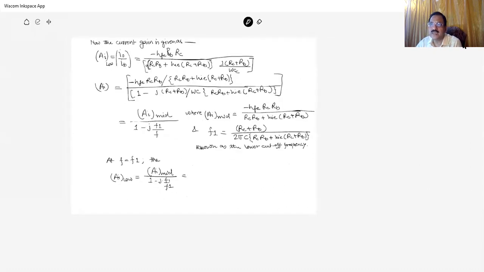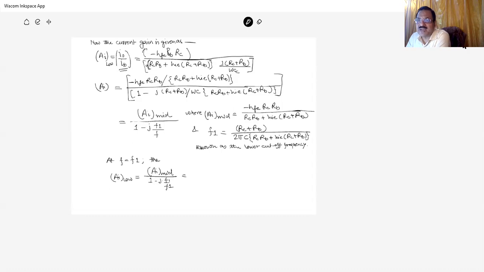Now the current gain is given as AI, output current upon the input current. So the output current is the output of this part. From this expression we can write this IB, and the remaining part is given in this form.